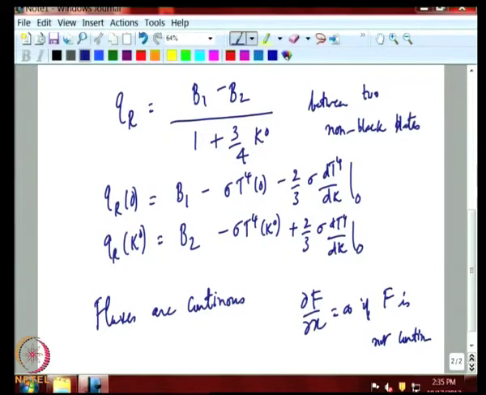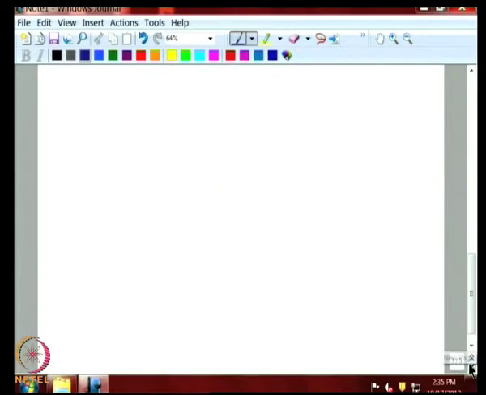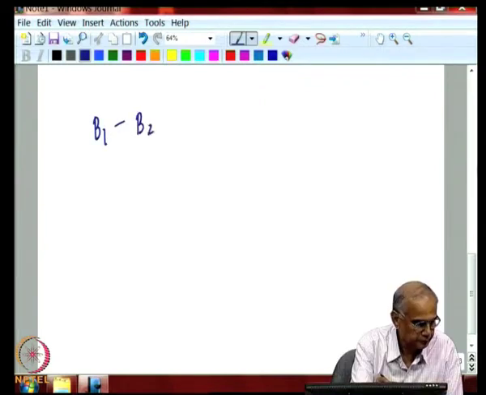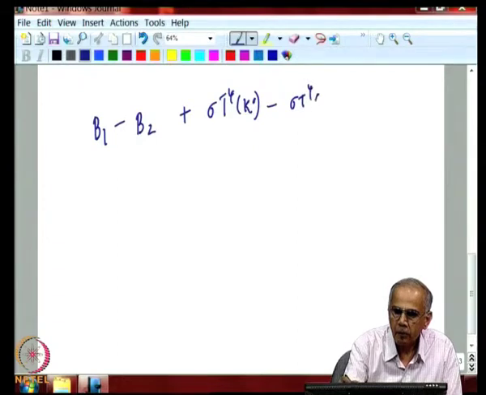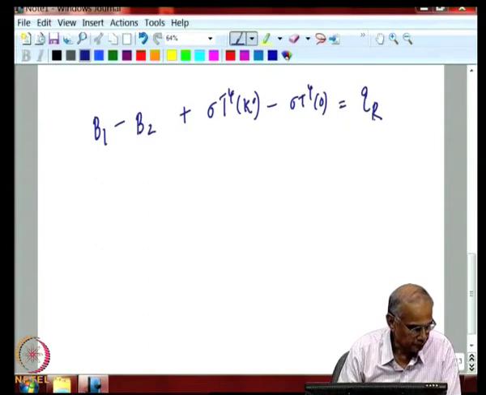Now, we also know that under radiative equilibrium, this quantity is related to the radiative flux. So, we can rewrite the above expression as QR.